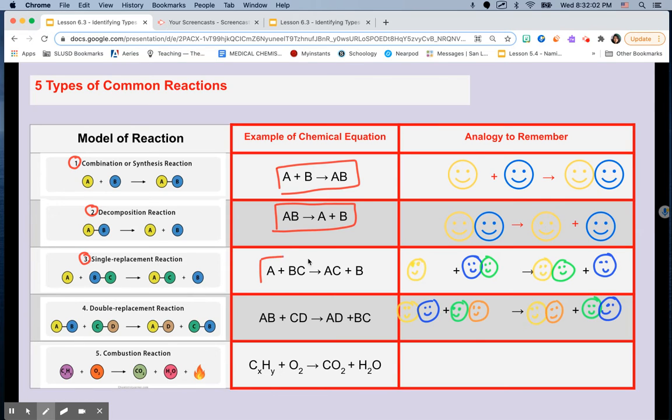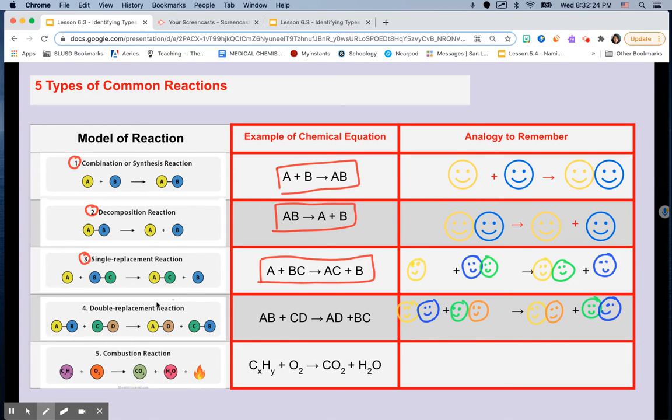So in a single replacement reaction, it's kind of like, I don't know, you can call it cheating, or maybe they had a mutual agreement to break up for molecule B and C, and then C immediately got with A right afterwards. Right? So that's how I remember a single replacement reaction.